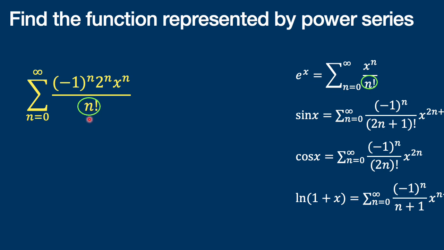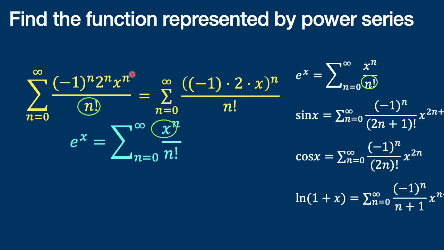So this one is n factorial over n factorial. e to the x is the sum of x^n over n factorial. In the numerator we write x^n. Here the power is n. You're going to put it together, guys, okay? So you put together negative 1, 2, and x inside the power n. So inside it's going to be negative 1 times 2 times x, that's negative 2x to the n.